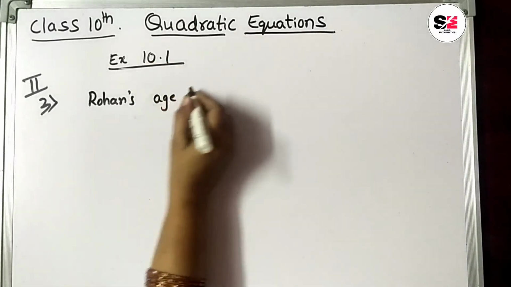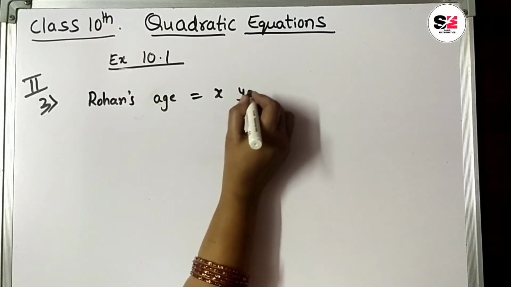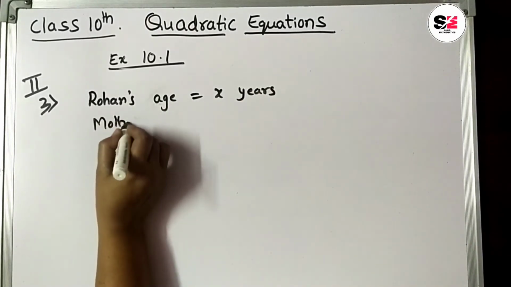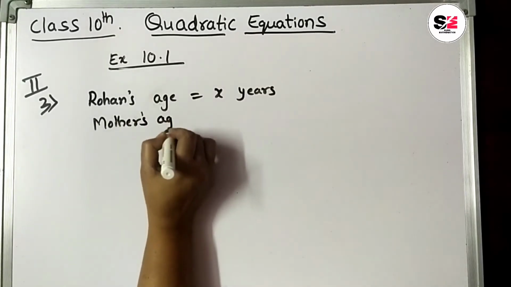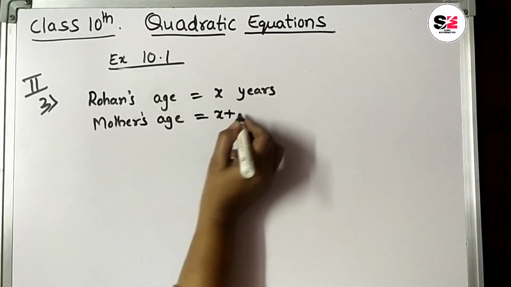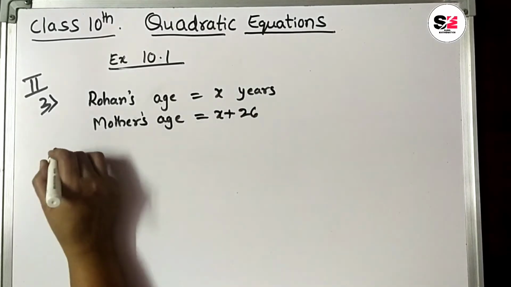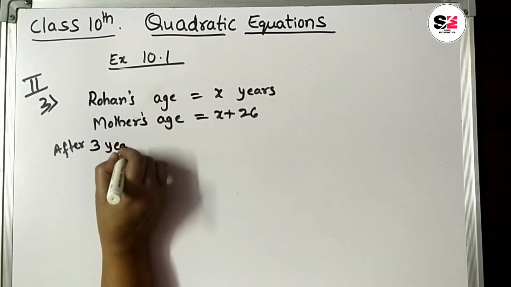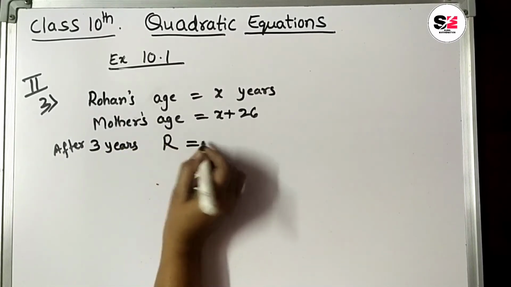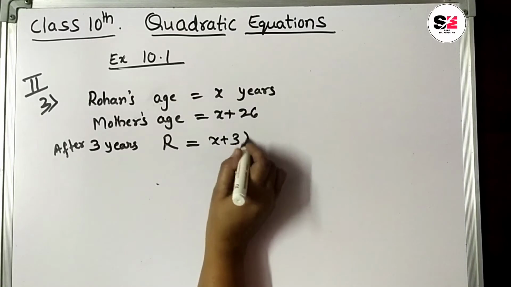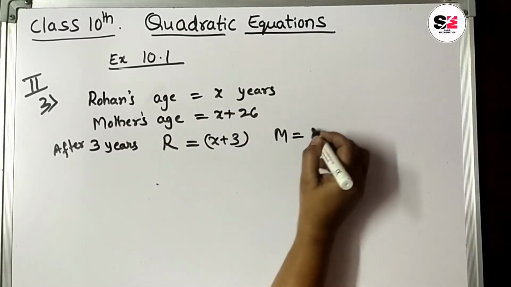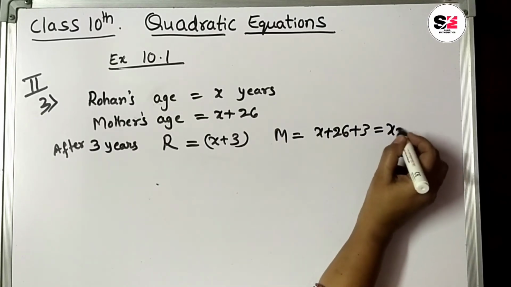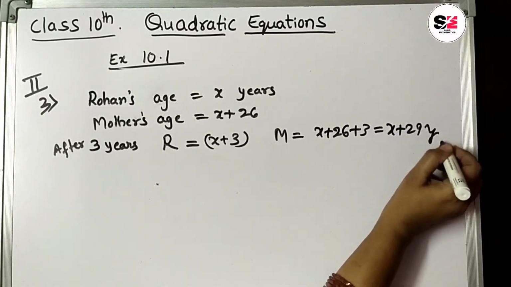Then mother's age is x plus 26. After 3 years, Rohan's age is x plus 3 and mother's age is x plus 26 plus 3. It becomes x plus 29 years.